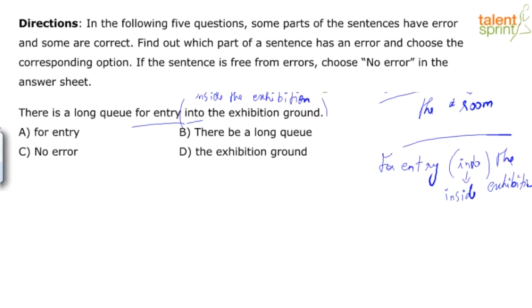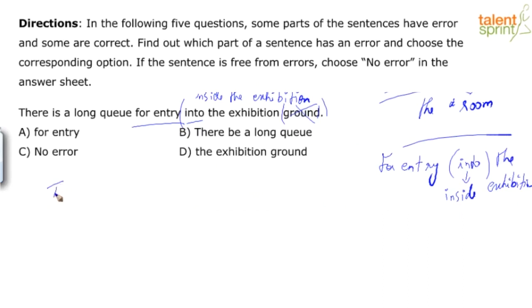I'll rephrase the entire thing and say there is a long queue for entry inside the exhibition or to enter into the exhibition. So I won't say ground. Yeah, that kind of seems very, it doesn't make logical sense.